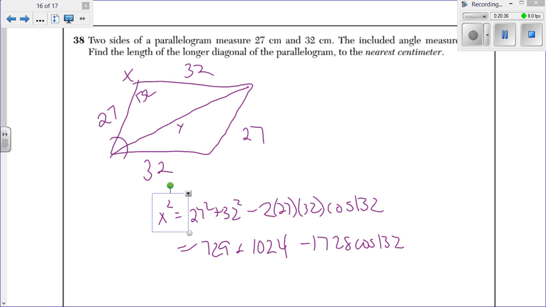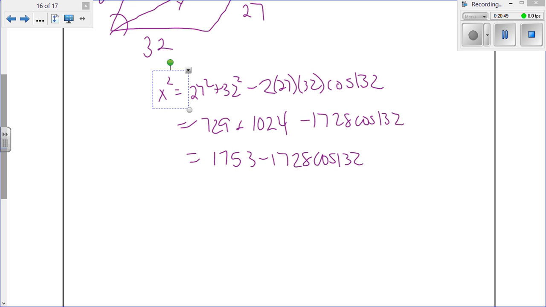So 729 plus 1024 is 1753 minus 1728 times the cosine of 132. At this point, I'm going to plug it into my calculator. And I'm going to get 2,909.257688, and that's x squared.